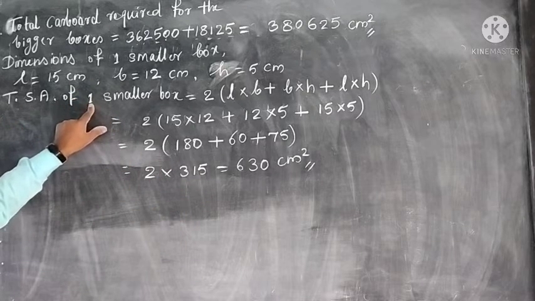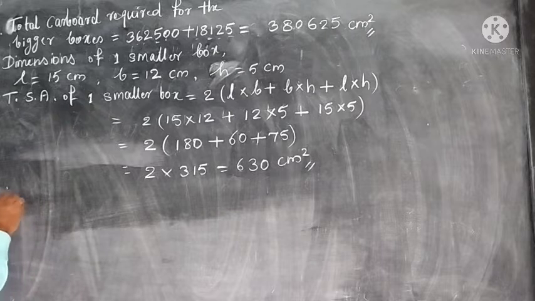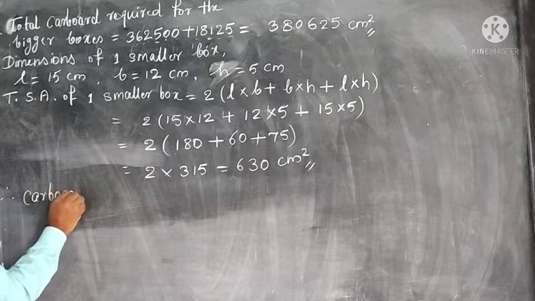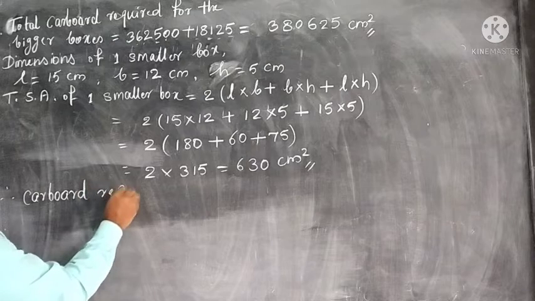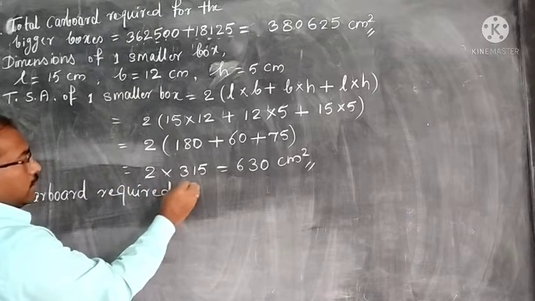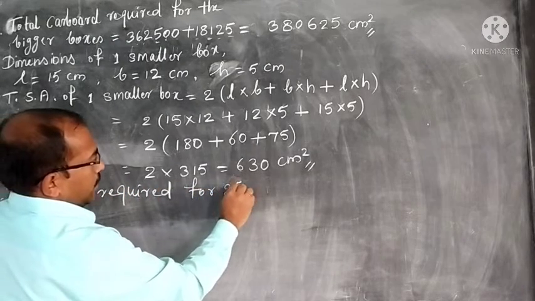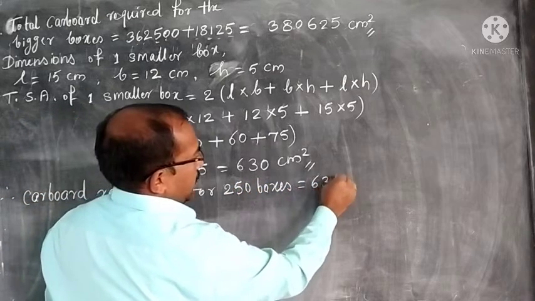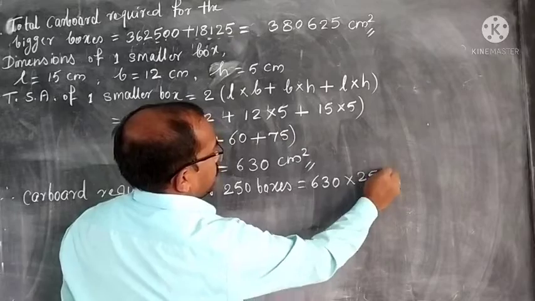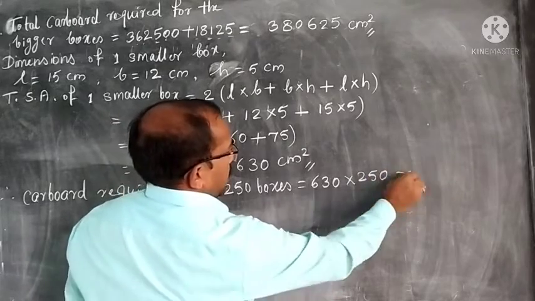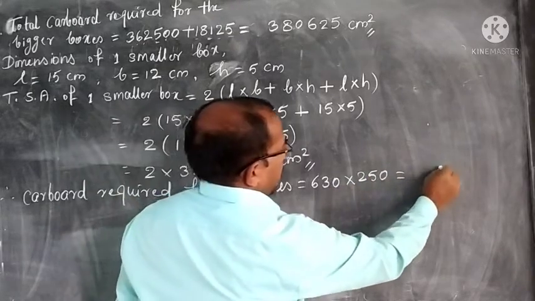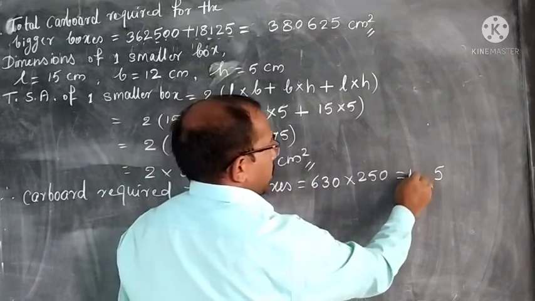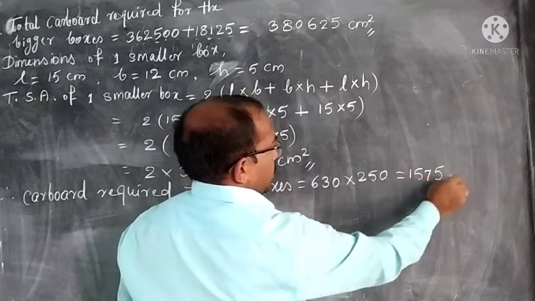How many boxes are we making? 250. Therefore cardboard required for 250 boxes: 630 into 250, we get 1,57,500.